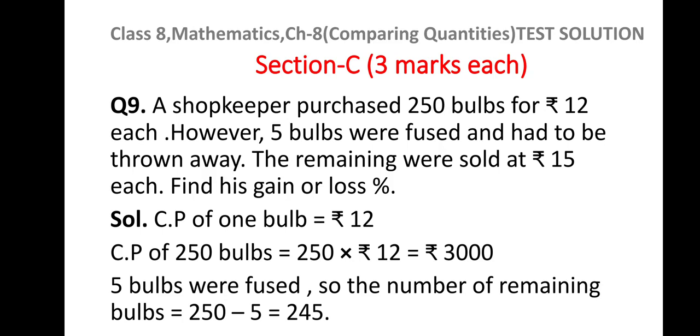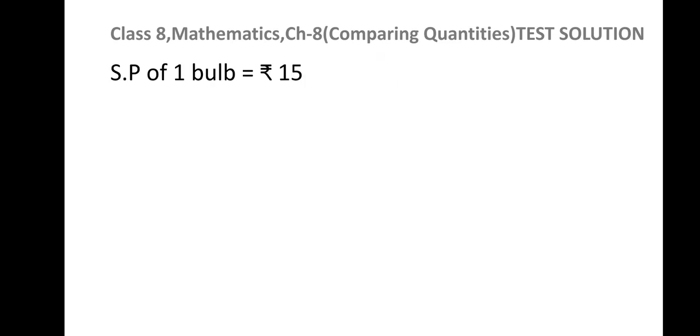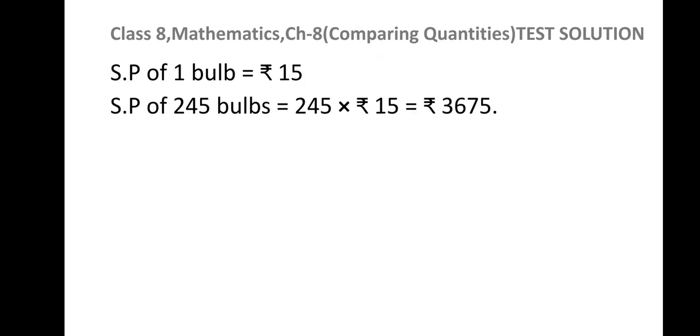And the remaining were sold at rupees 15 each. So SP of one bulb is rupees 15. SP of 245 bulbs is 245 into rupees 15, that will be total 3,675 rupees.